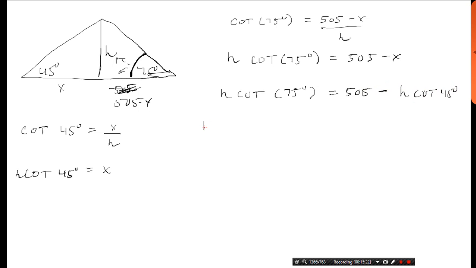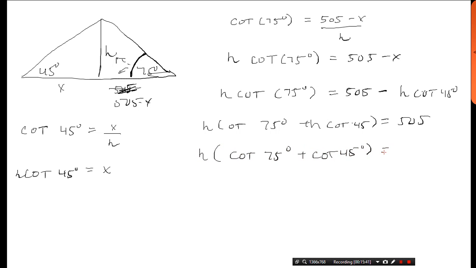I'm going to add it over. Why? Because I have multiple things with h's in it. And then I'm going to factor, which is h times cotangent of 75 degrees plus cotangent of 45 degrees equals 505. And then finally divide by the junk.